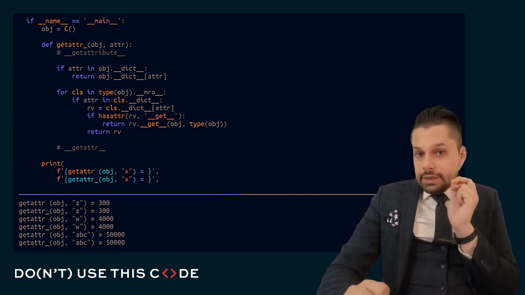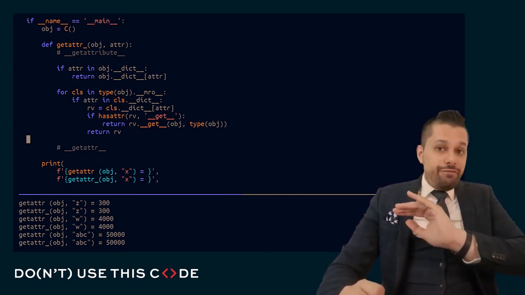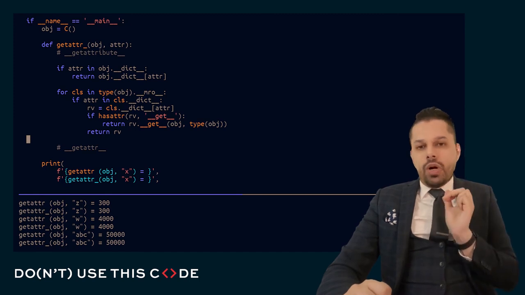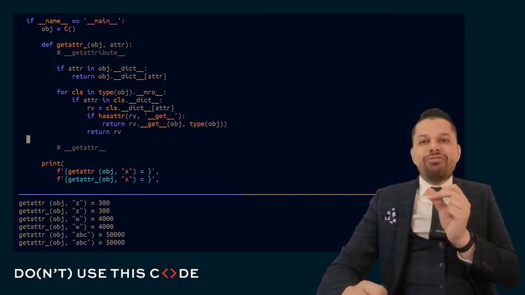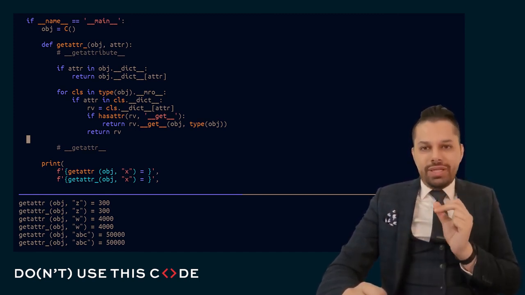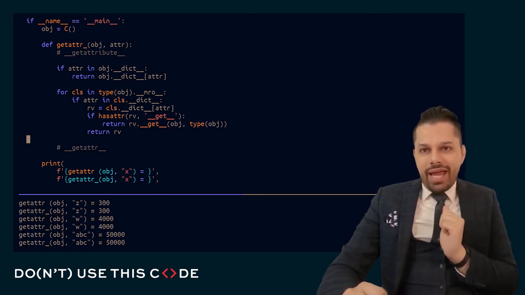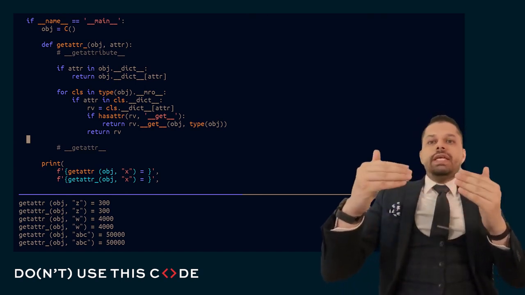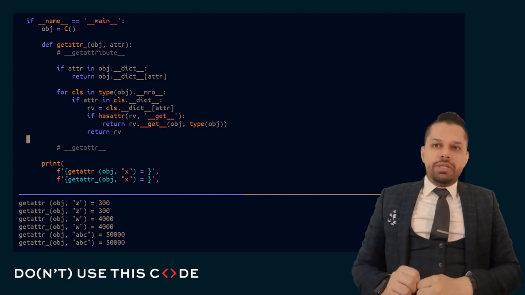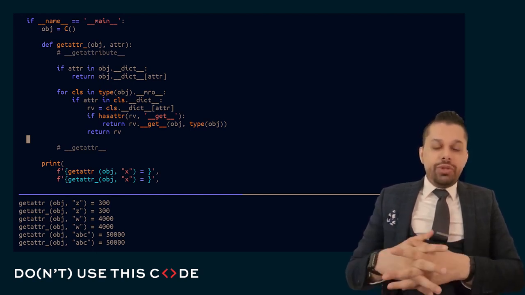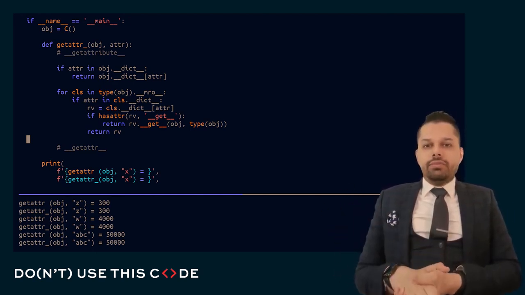Do you unconditionally invoke this protocol before you look anywhere else? Or do you only invoke this protocol after you have exhausted all the other places you could look and you couldn't find it anywhere else? Here you can see a mostly working reimplementation of this __getattribute__, __getattr__ protocol in Python.